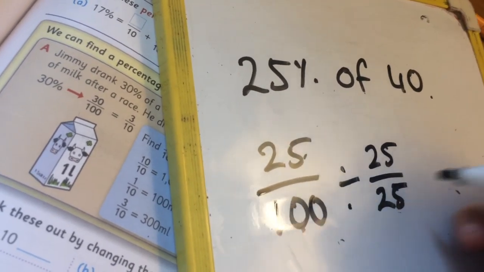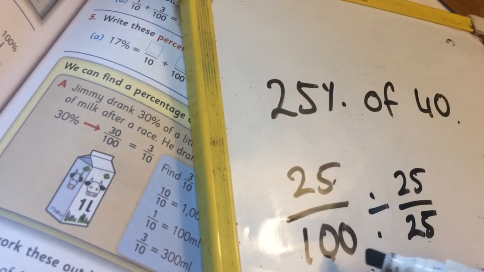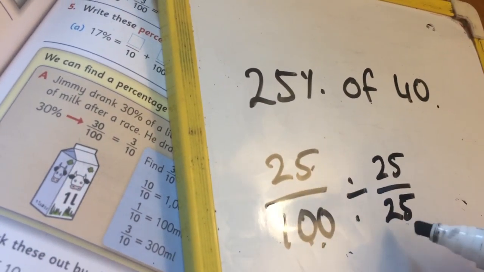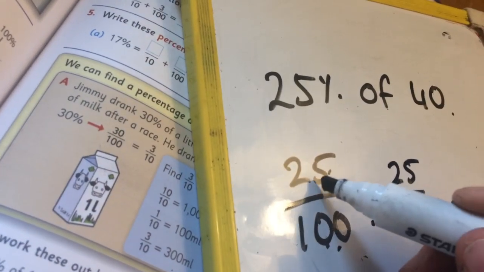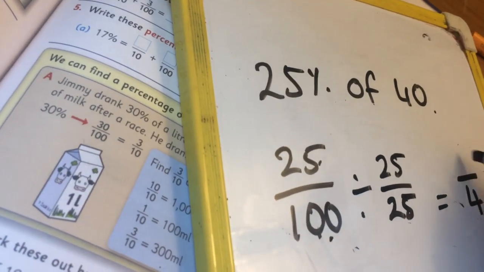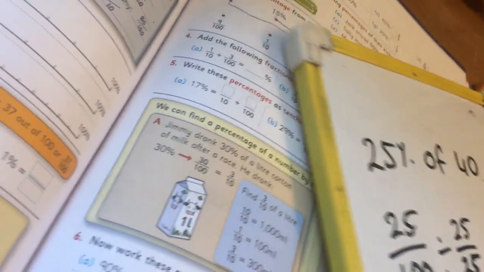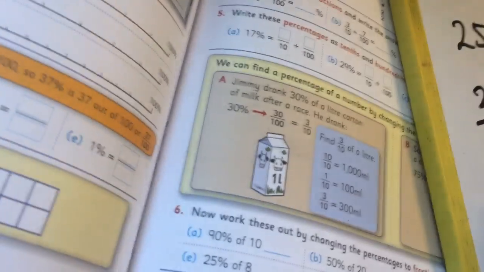What I do to the top, I must do to the bottom. 100 divided by 25 equals 4. 25 divided by 25 equals 1. So 1/4 of 40 cycle to the club.